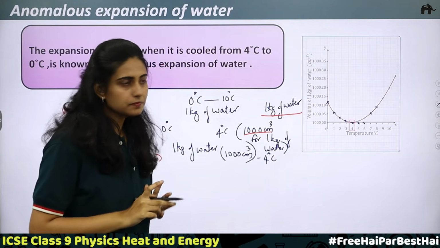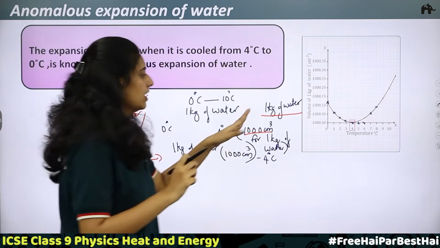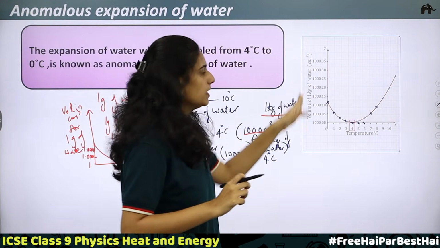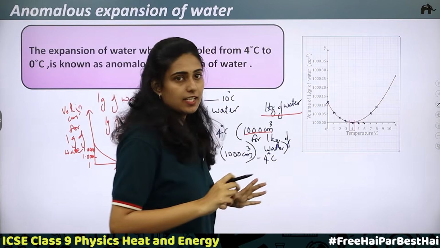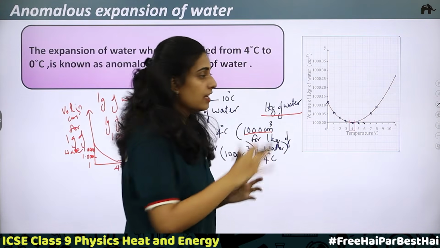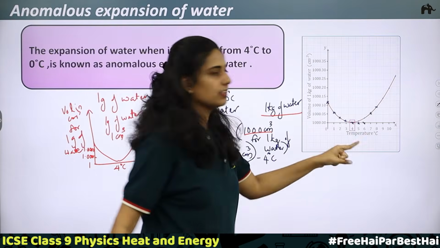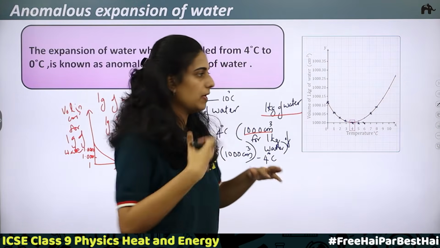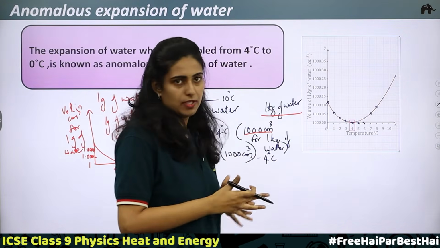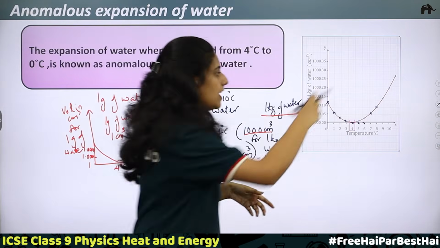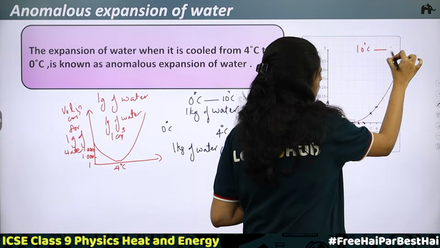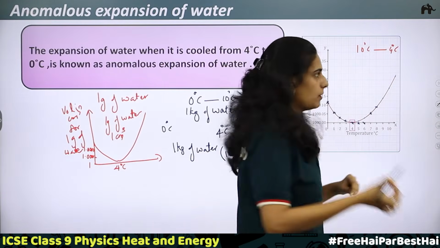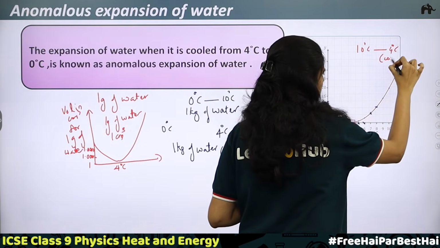So, this is a graph which shows the variation of volume in centimeter cube for 1 kilogram of water, or when it is taken in grams for 1 gram of water with temperature taken along the x-axis. When temperature increases, what is happening? Now, just imagine the opposite when the temperature is decreasing. From 10 degrees Celsius to 4 degrees Celsius, it is normal behavior, that is contraction.